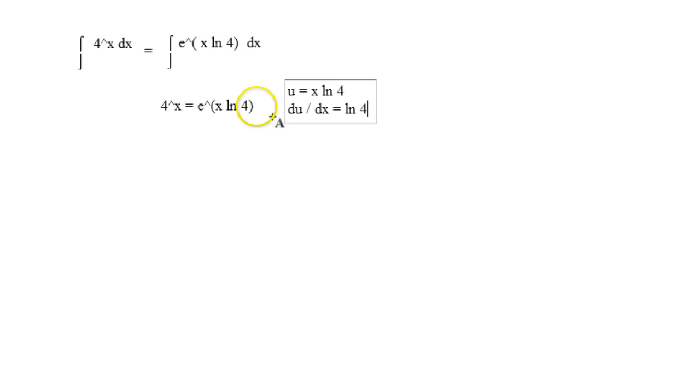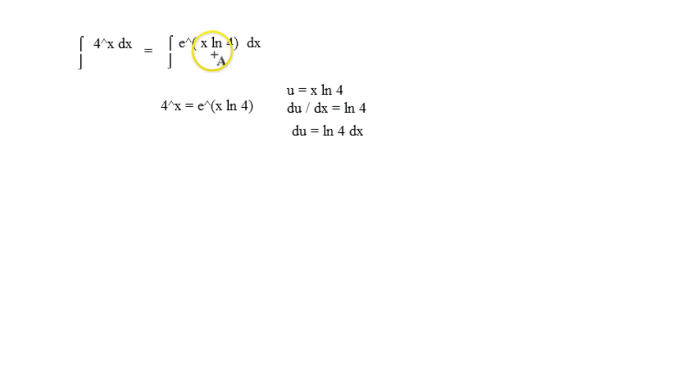Then I'm going to do u substitution. So u equals x times the natural log of 4, and then du dx is the natural log of 4. So du is equal to the natural log of 4 dx.